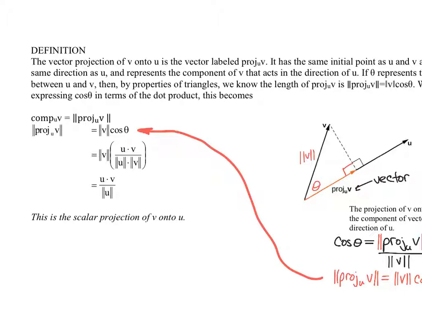All right? So this is the actual quantity. Now, if I wanted to determine the projection itself, then all I have to do is multiply this by a unit vector. All right?